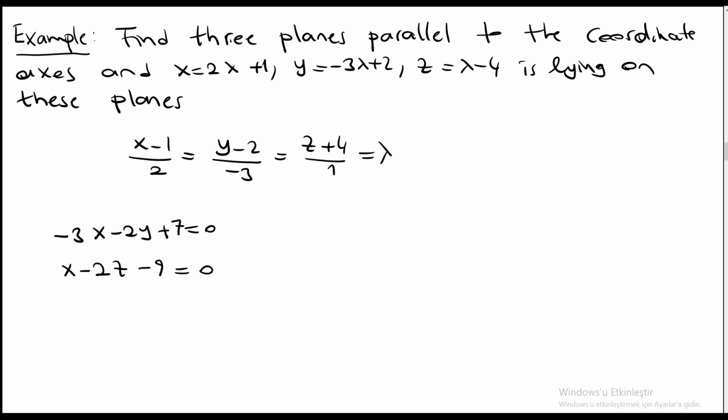And the third one, y plus 3 times z, negative 2 will be negative 12, so plus 10. So this is the solution.